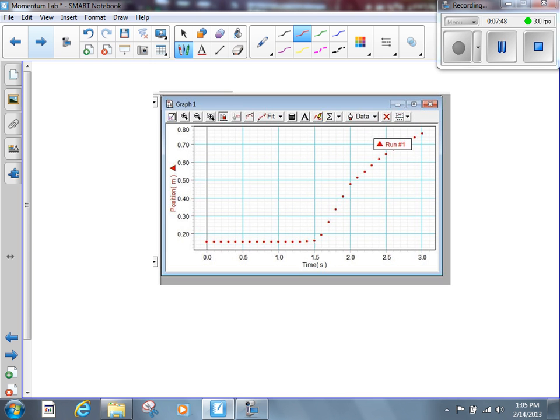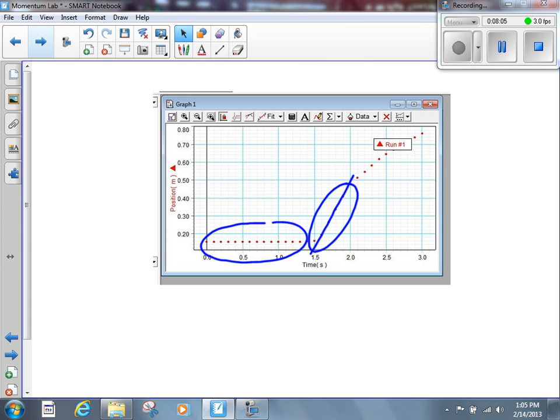Tell me what this part of the graph, please, represents. What's going on right there? That's before I pushed it. Everything was at rest. Now we've got something going on right here. It's moving, okay, position versus time. It's moving. It appears to be at a constant velocity. But then something else is happening right here. It's moving again, but it's moving at a different constant velocity.